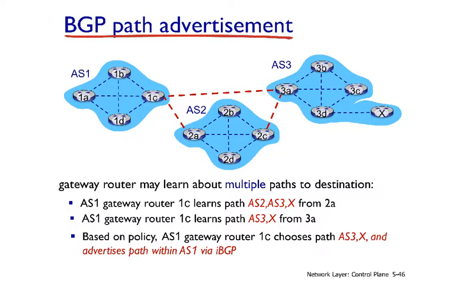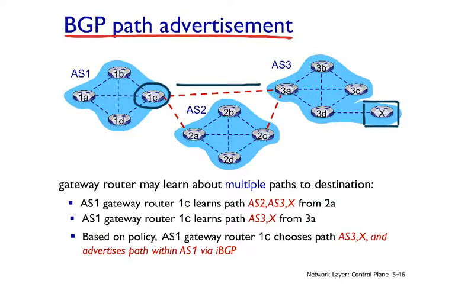Let's see now another example. Imagine there is an additional link connecting AS1 with AS3 directly, okay? So in this case, once we receive the reachability information knowing where X is, 1C receives 2 possible paths.